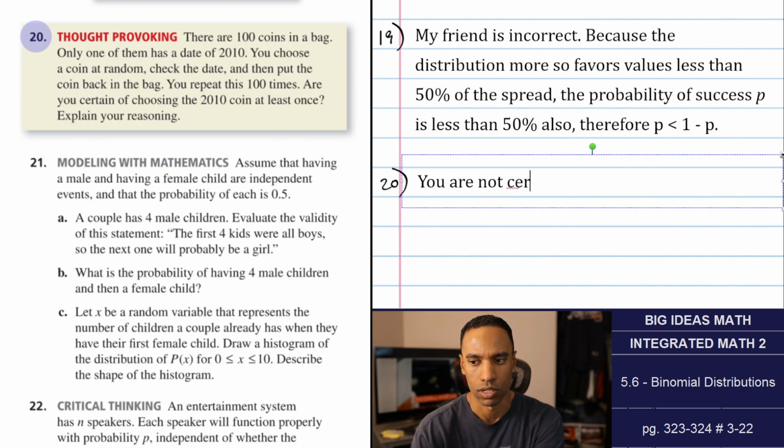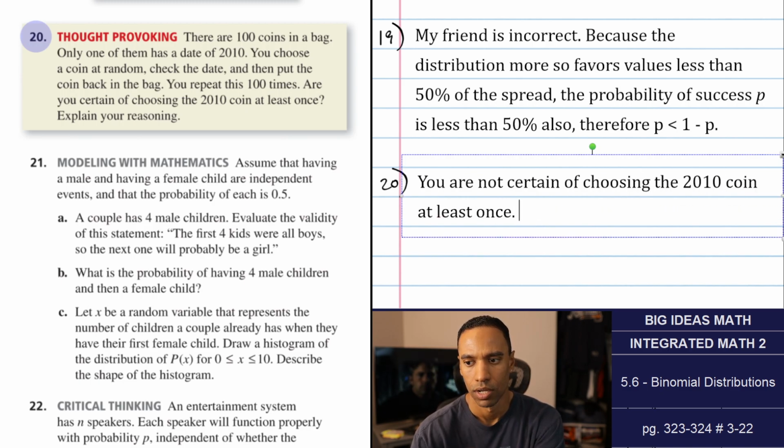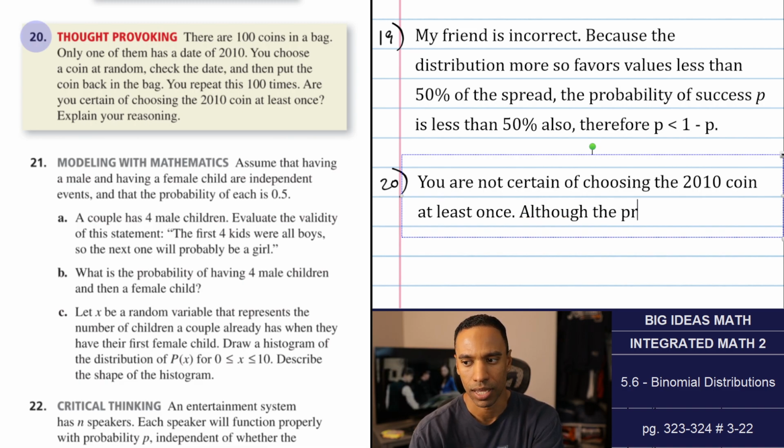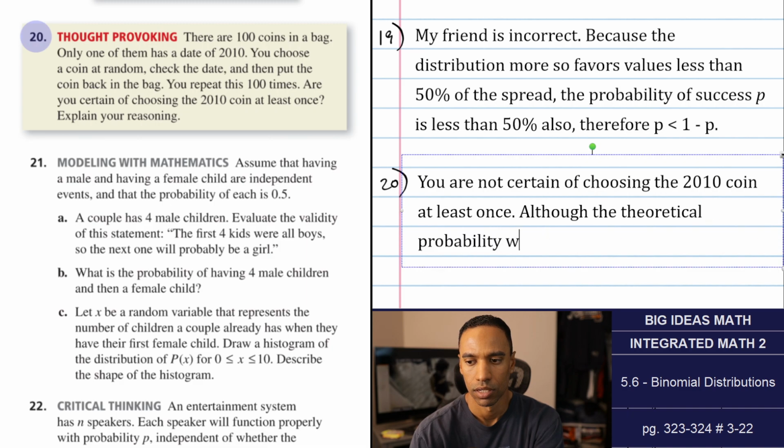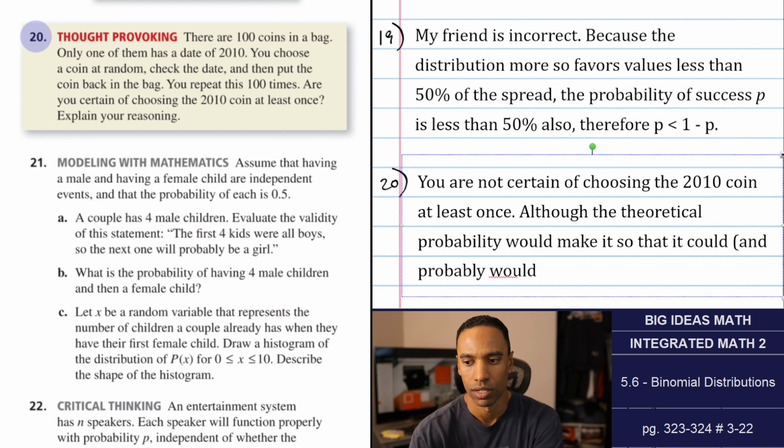You are not certain of choosing the 2010 coin at least once, although the theoretical probability would make it so that it could happen. It could and probably would happen.